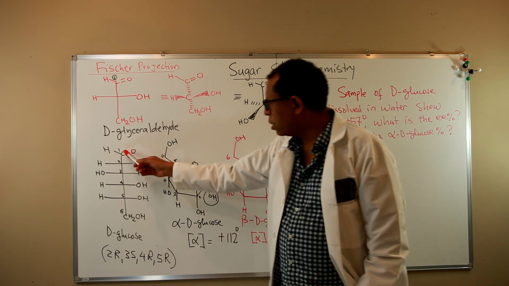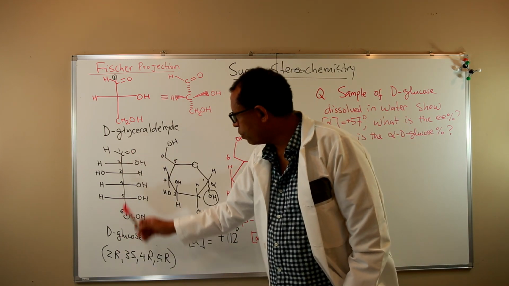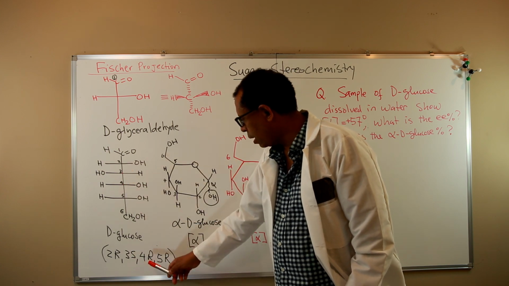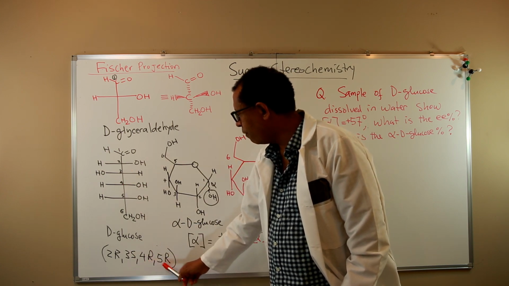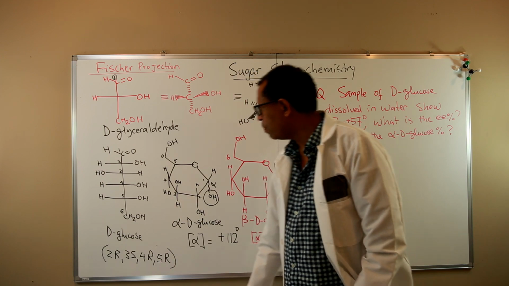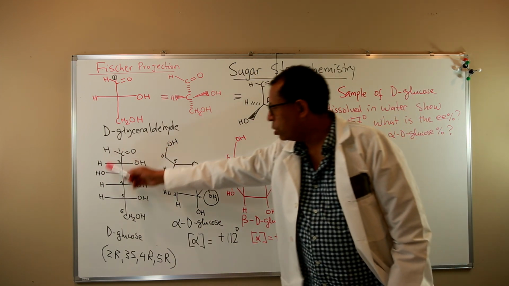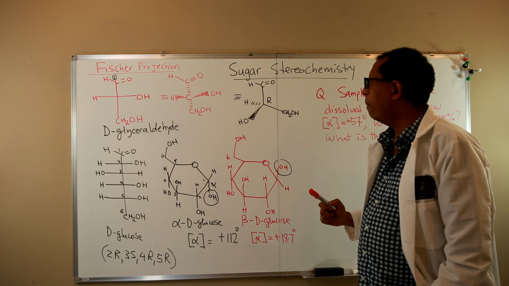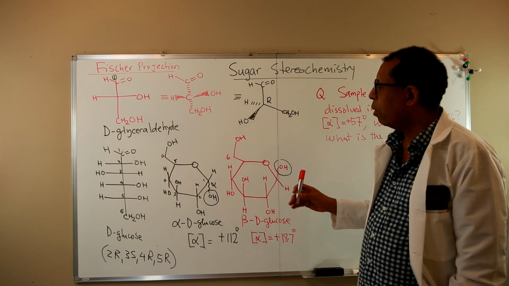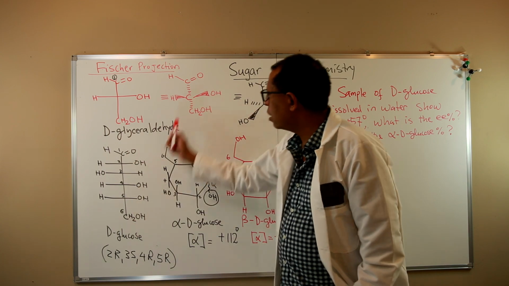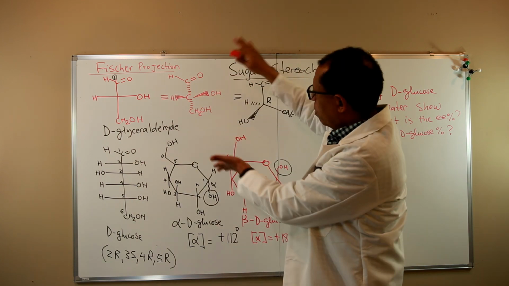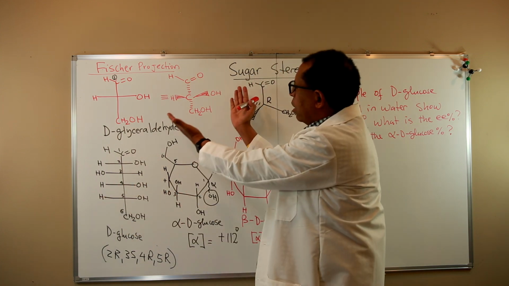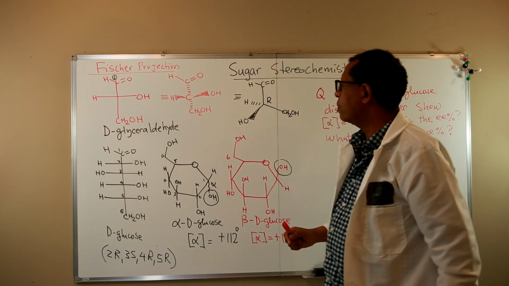So the 2 position is an R configuration, 3 is an S configuration, 4 is an R configuration, and 5 is an R configuration. The way you would reduce this into such a structure is that all of the vertical lines are assumed to be going back from the plane of the board, and the horizontal ones are coming towards us.